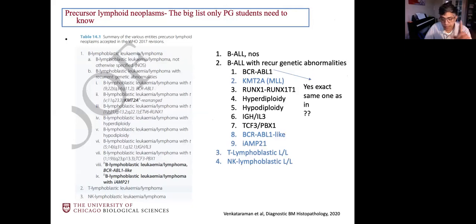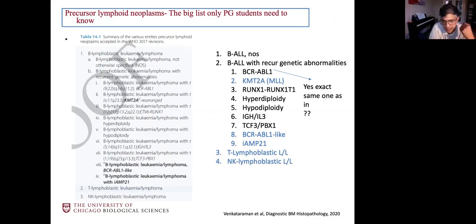So now this is a big list that some of you might need to know. Only PG students probably need to know this big list, but I will touch upon some of the entities in this list that we call B-ALL. So whenever a patient has blasts in the blood and you prove that it is B lymphoblastic, there are some things that we look for from genetic perspectives.